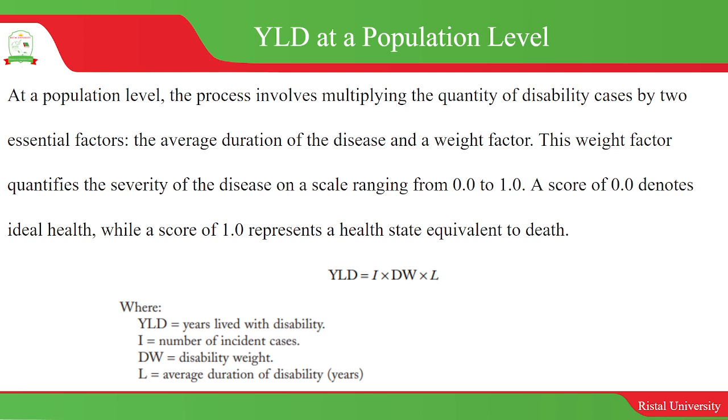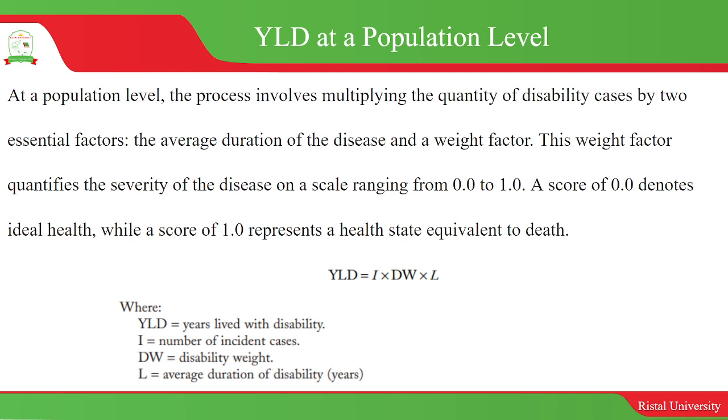A score of 0.0 means you are healthy. A score of 1.0 means death. There is no life. So that means that for every condition there is a weight factor.